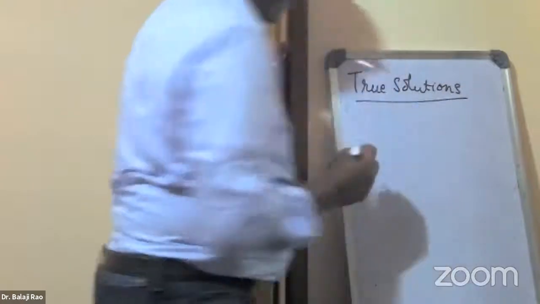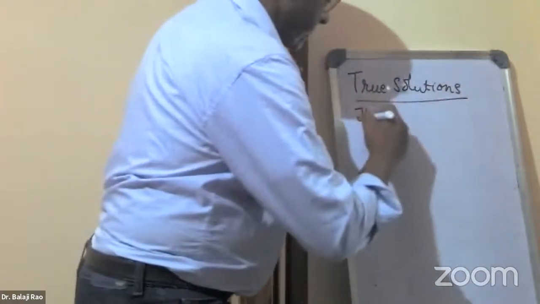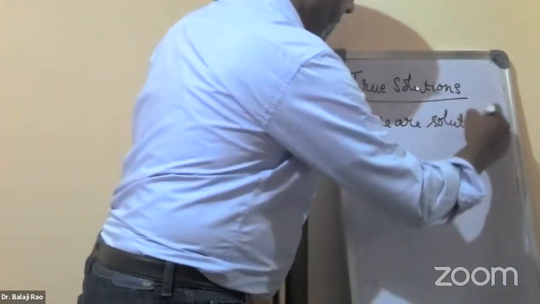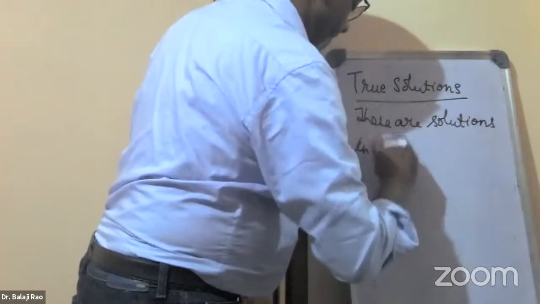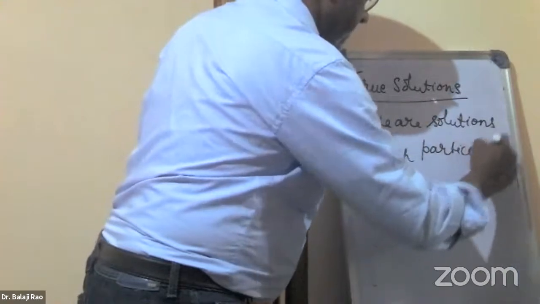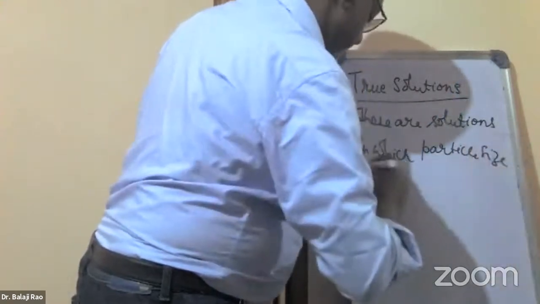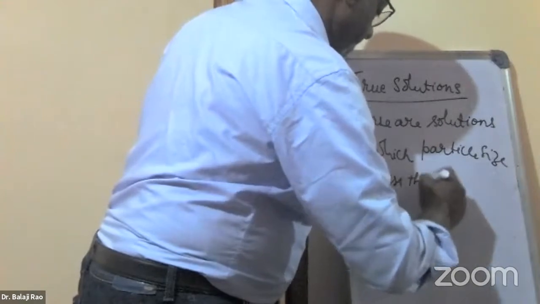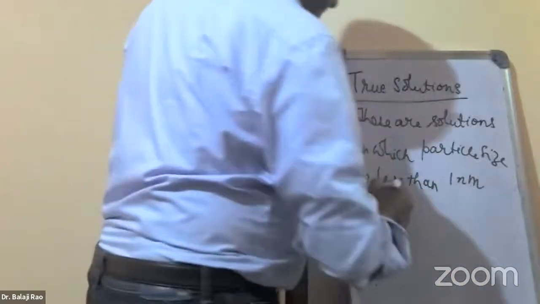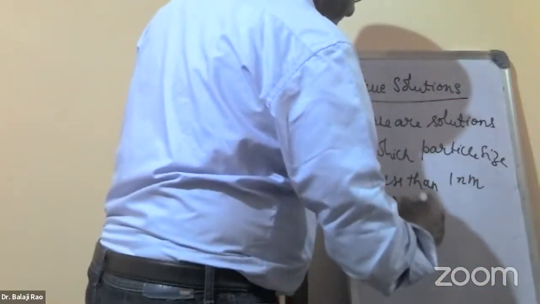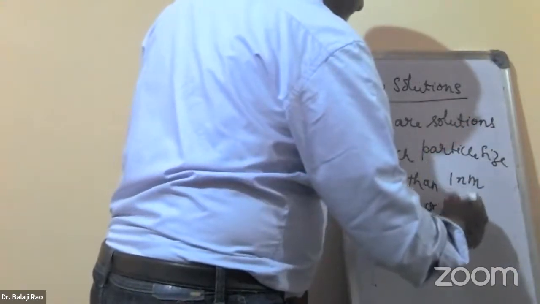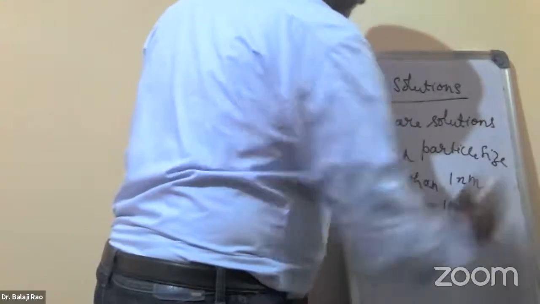True solutions. These are solutions in which particle size is less than 1 nanometer. 1 nanometer is about 10 to the power of minus 9 meter, or it is 1 into 10 to the power of minus 10 centimeter.